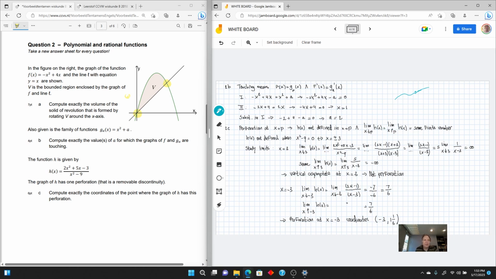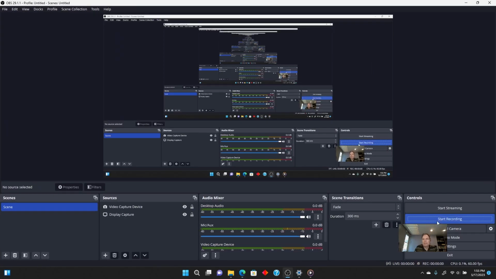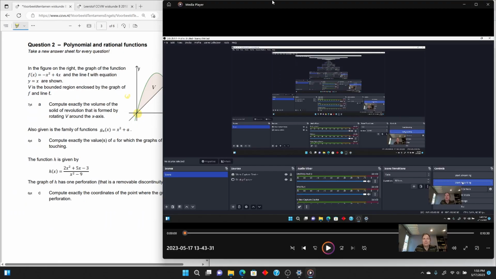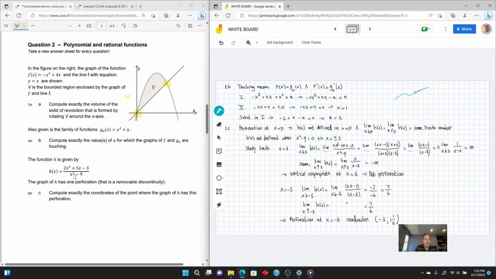Okay, so let's apply that knowledge. Well, what does it mean to be not defined? Because if you look at this domain, the domain of h, it's everywhere defined except if this denominator here is 0.